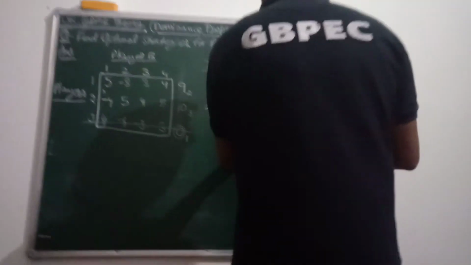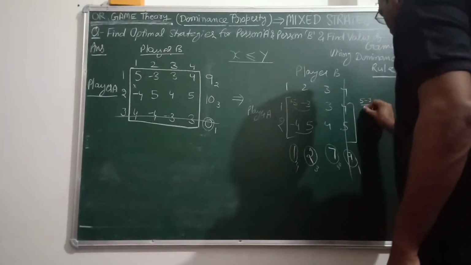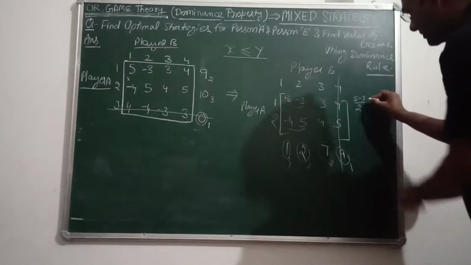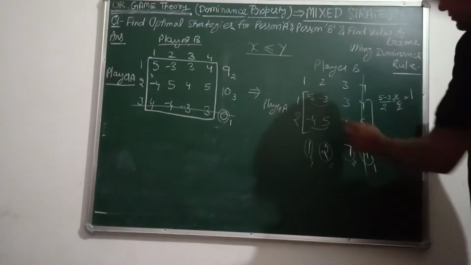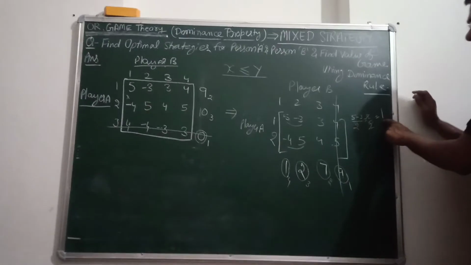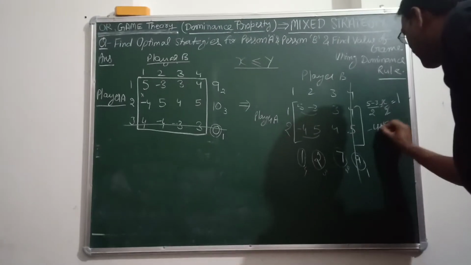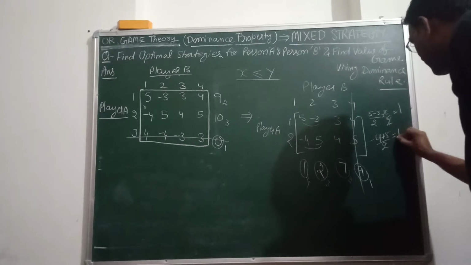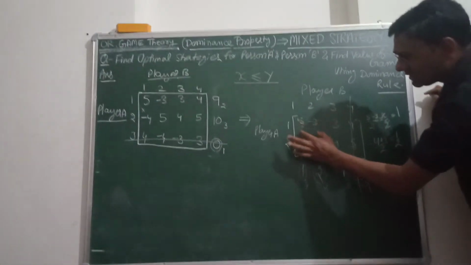You will see that 5 minus 3 upon 2, this is 2 by 2, and this is 1. So the average of these two entries is 1. Now the average of these entries, -4 plus 5 by 2, this is equal to 1 by 2. So now we have found the average of these two entries.